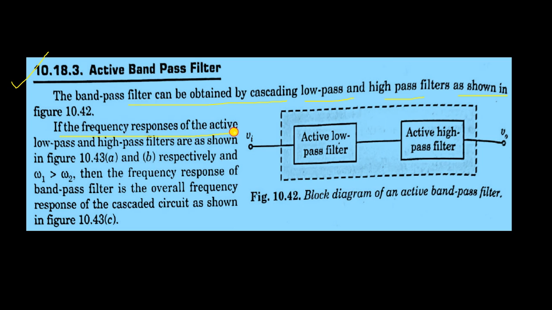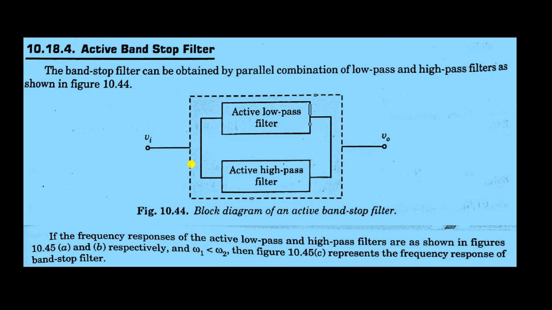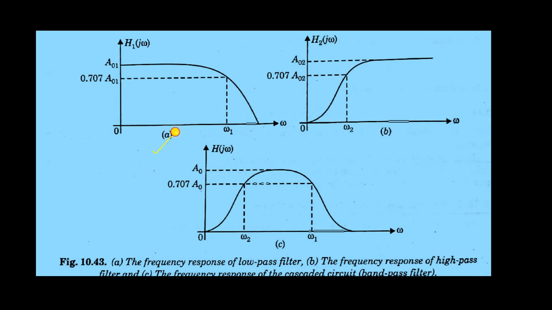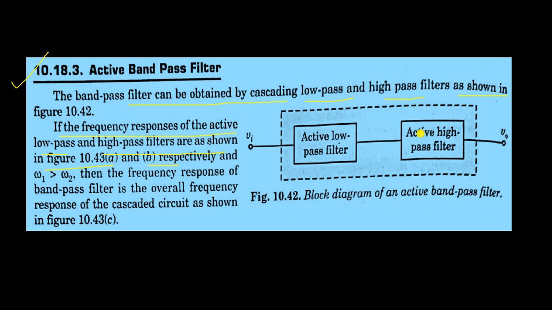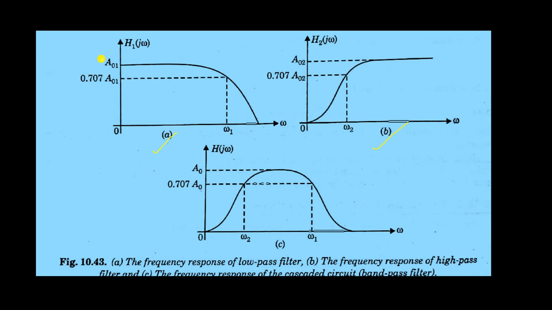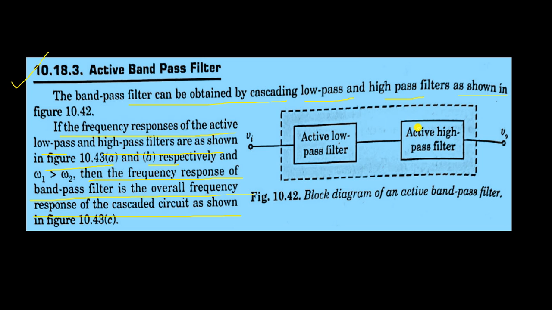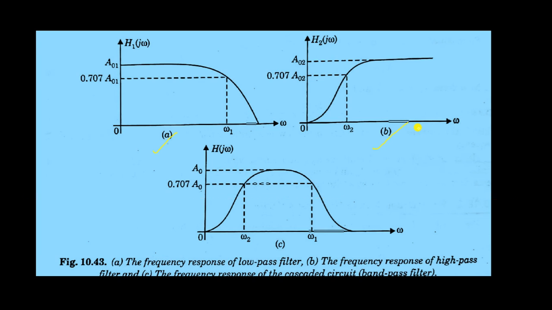If the frequency responses of the active low pass and high pass filter are as shown in figures 10.3a and 10.3b, and omega 1 is greater than omega 2, then the frequency response of band pass filter is the overall frequency response of the cascade, like this. Now moving to the next slide.